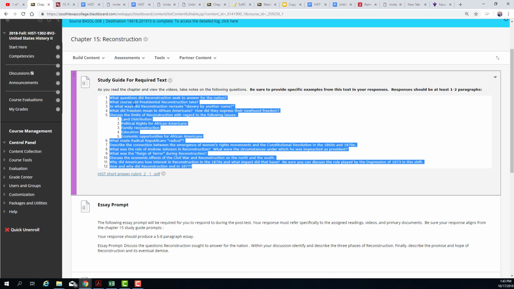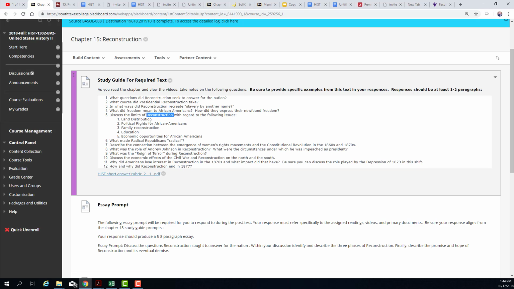I don't know which ones will be randomly selected. Sometimes students try to think, which was the most important question? They're all important. That's why they're there. So prepare for all of them as if you will respond to all of them. A lot of these questions are related to each other, so responding to one question will help you respond to another, more often than not, right?